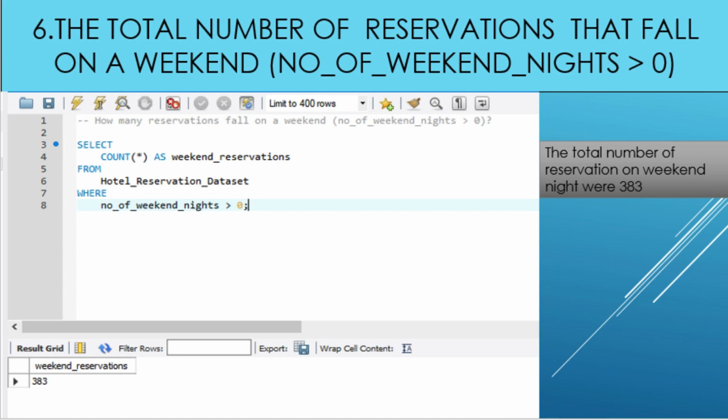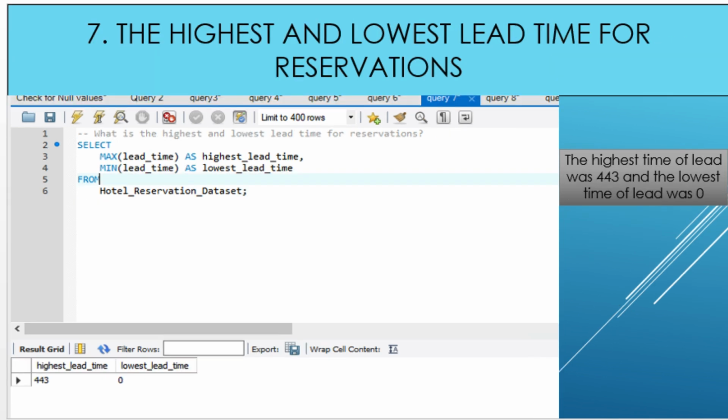The next was, I had to calculate the total number of reservations that fall on weekends, that was greater than zero. After the query, we saw that we had 383 booked reservations on weekend days.